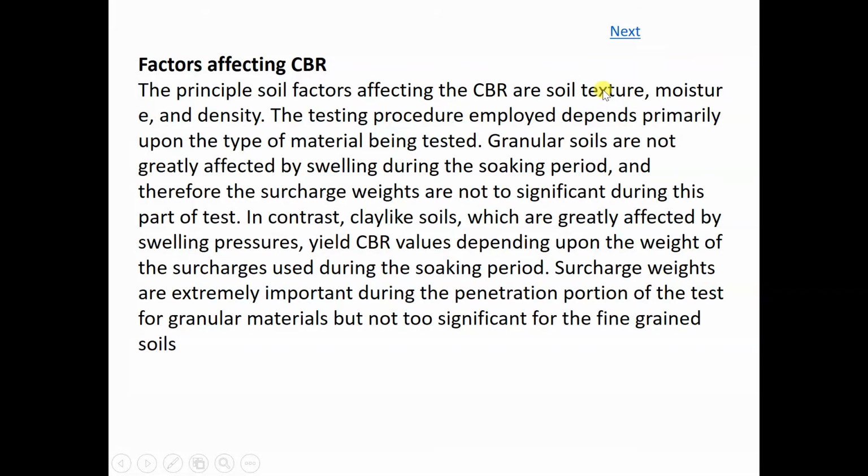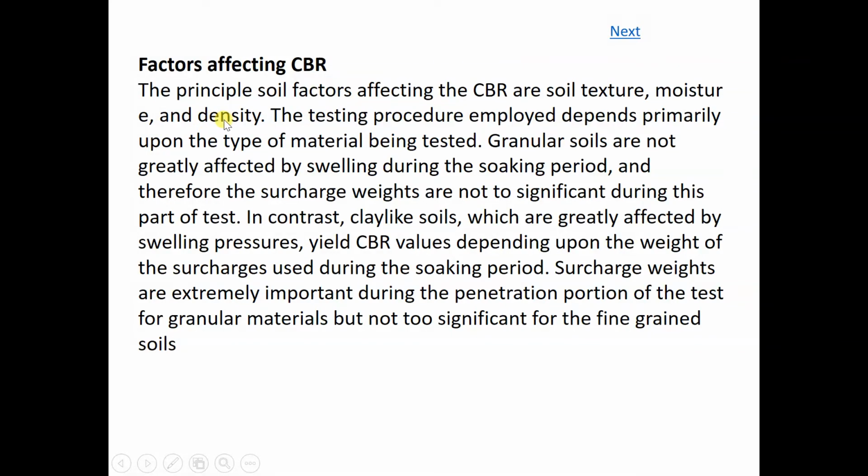The compaction is different. Compaction for sand, for silt, and for clay are quite different. Moisture: is it wet or dry? When the ground is wet, the strength is actually lower, so the CBR is lower when the soil is soaking wet.